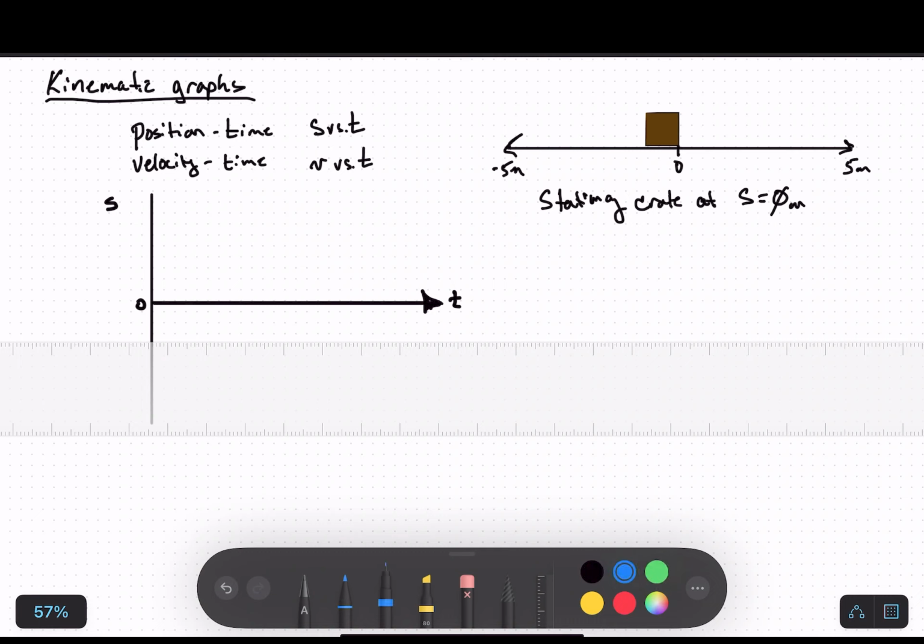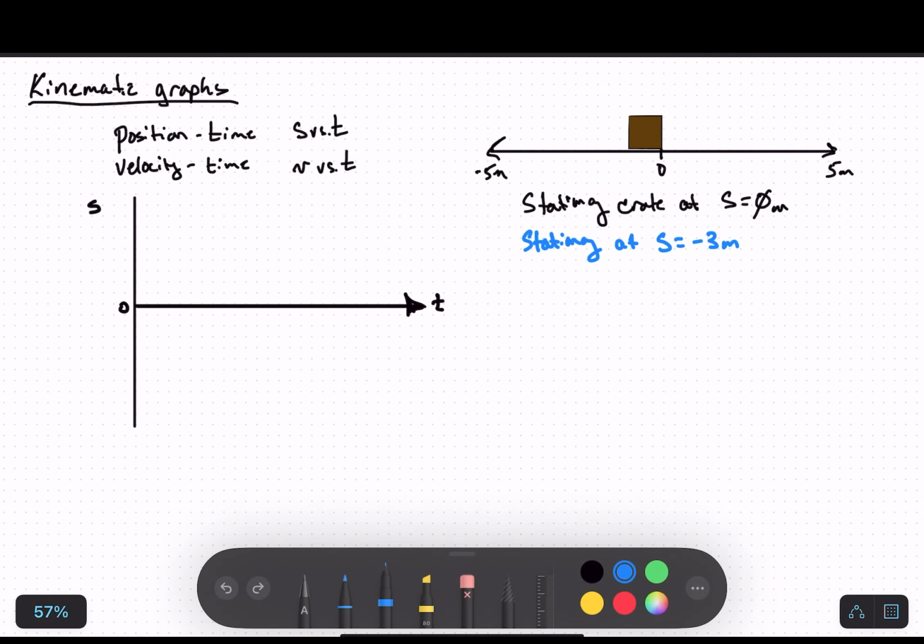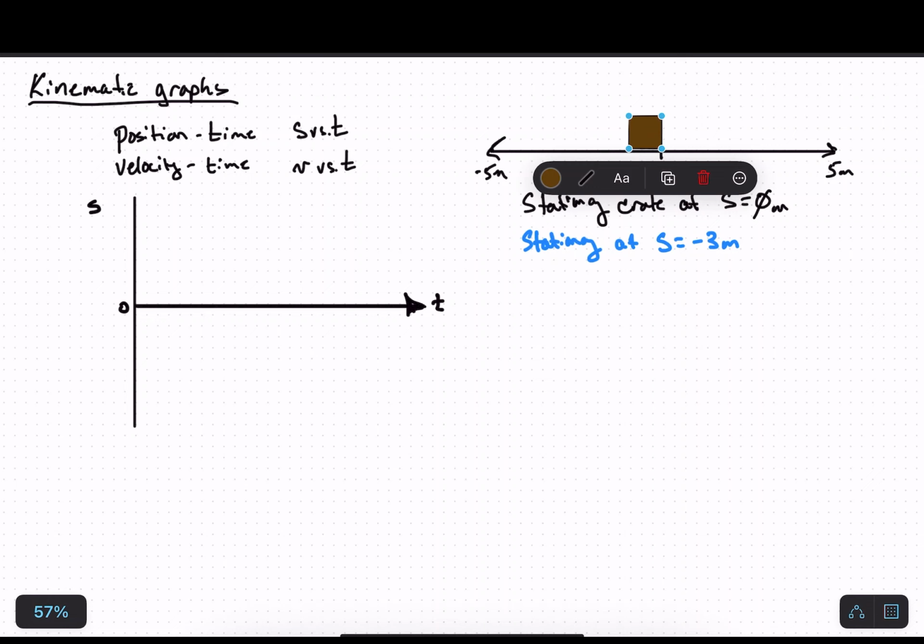We're going to make it blue, and it's stationary at position equals negative 3 meters, right? So I'm going to select that, and we're going to move it 3 meters this way, right?